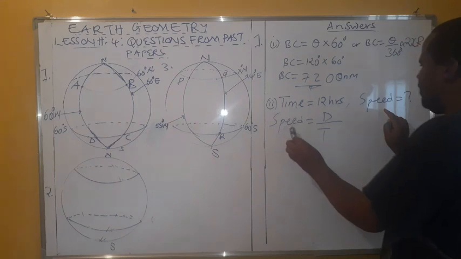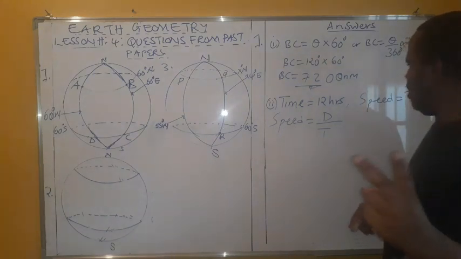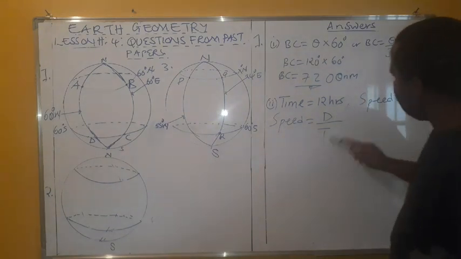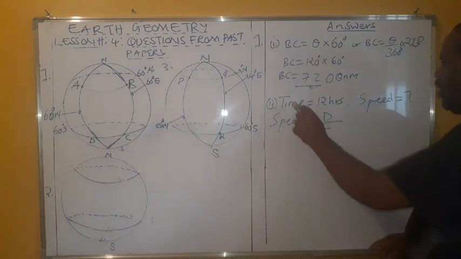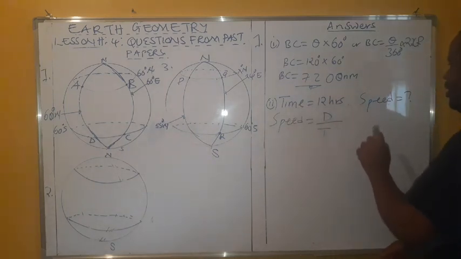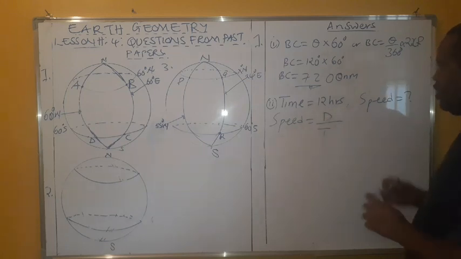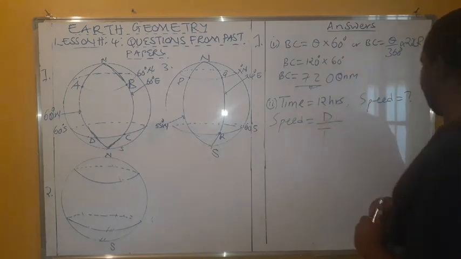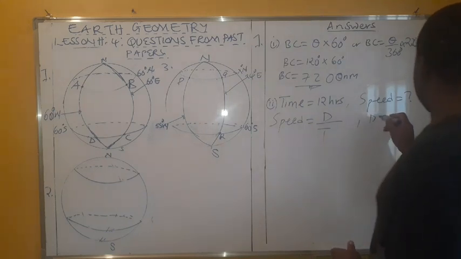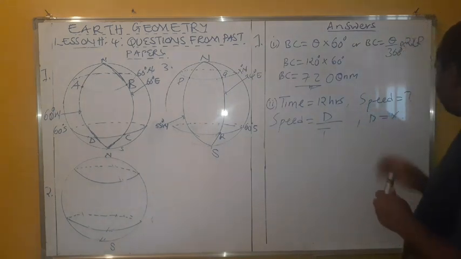For us to find the speed, we need 2 things: distance as well as time. Here we have our time, which is 12 hours. How about our distance? The distance here is missing, so D is not there.